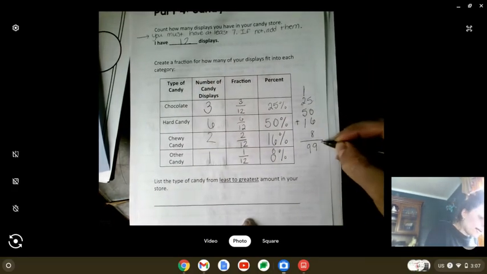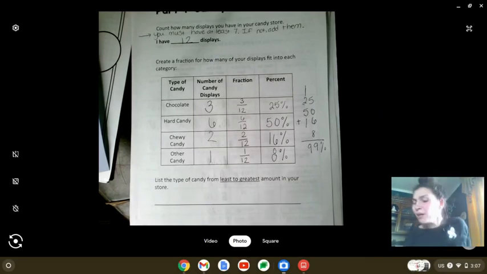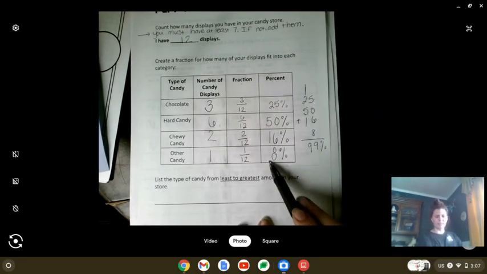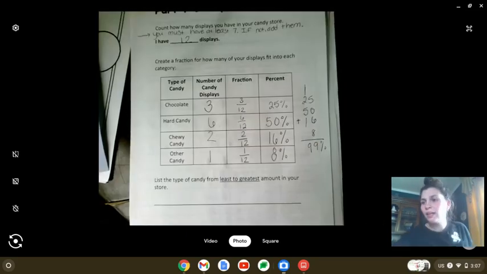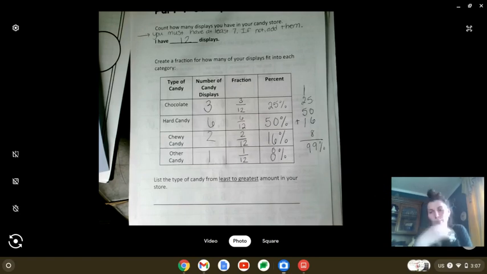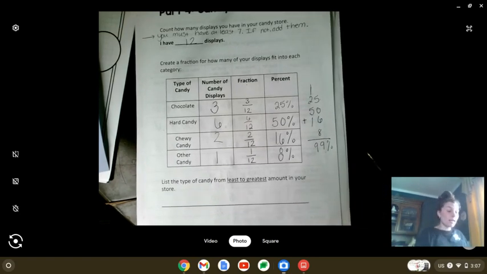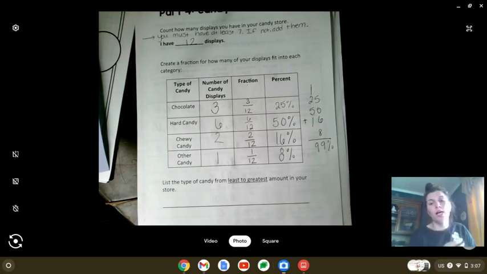I had 99%, which is perfectly fine because if I had kept going and done these really big decimals over here, and if I had kept dividing, I would have gotten a bigger number. So this is 99 point something percent. Perfect. So you should have gotten 99%, 98%, 100%, especially if you did not have nice clean division and could only divide to the second decimal.